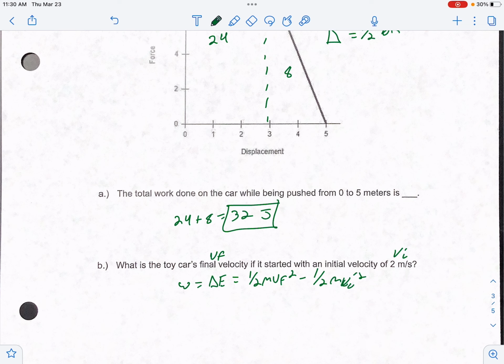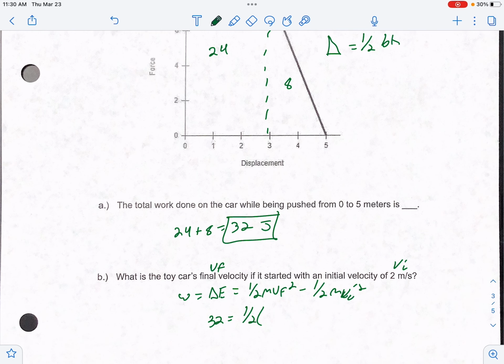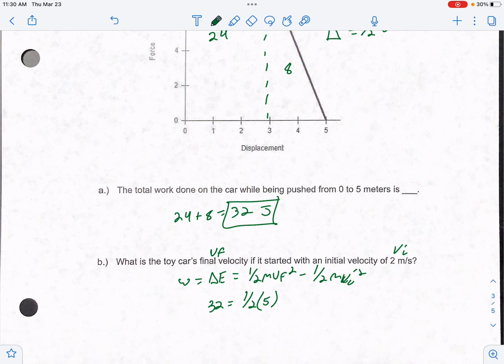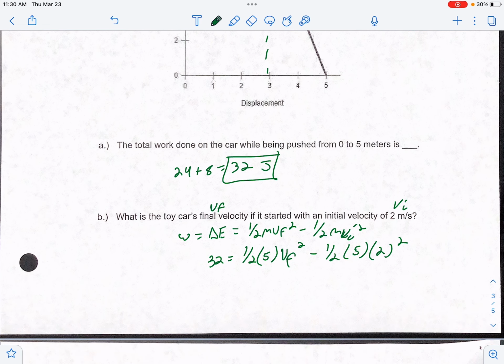So I already know my energy is 32 equals 1/2 my mass, which we said was 5 kilograms, times velocity final, I don't know, I'm going to leave it as VF, so VF squared, minus 1/2 my mass, which was 5, times my initial velocity of 2, and that is squared. So just be careful with your math. You should get a final velocity of 4.1 meters per second.